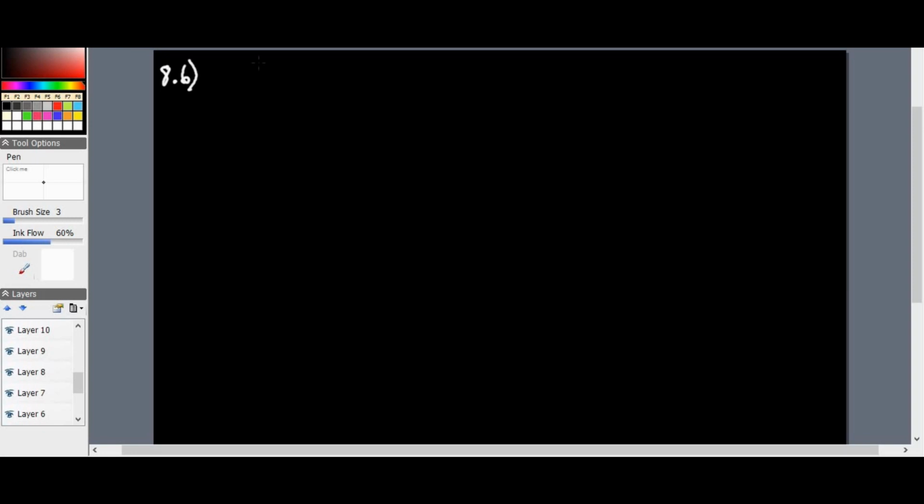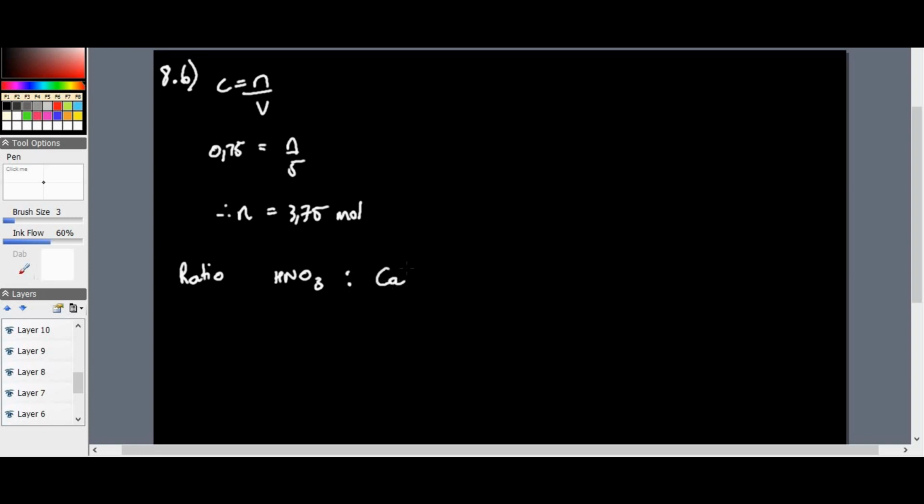Let's go back to what we calculated initially. C equals n over V, 0.75 of the HCl, n over 5, therefore the number of moles of HCl was equal to 3.75 mole. Now let's have a look at the ratio of HNO3 to calcium hydroxide.